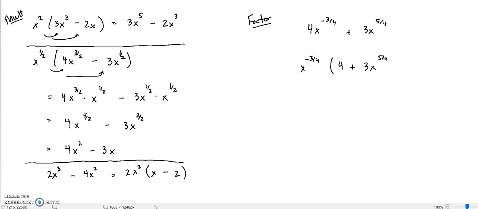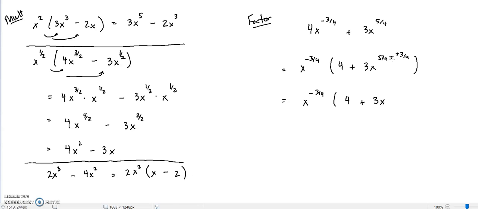So normally we would subtract exponents. So I'm going to do minus negative 3/4. That's a little crazy, right? Because we're moving a negative out to the front. And remember that minus a negative is the same as plus. So we get 4 plus 3x.